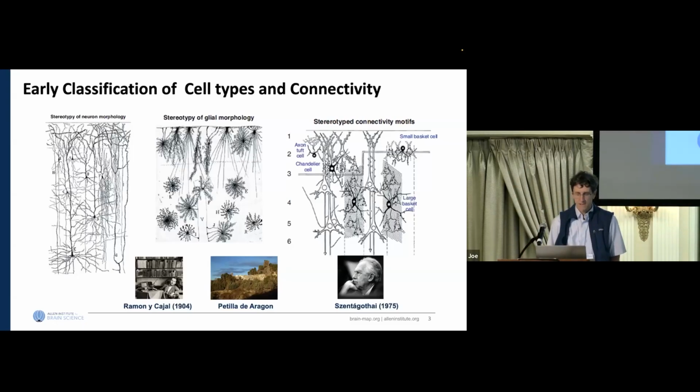He was a Spanish Catalonian, born in this little place right here called Petilla de Aragon. He grew to prominence through an incredible dedication and ability to understand, and he had a great artistic flair because he was able to draw, using a microscope and camera lucida, these patterns of immense resolution, really, if you think about it, for the day.